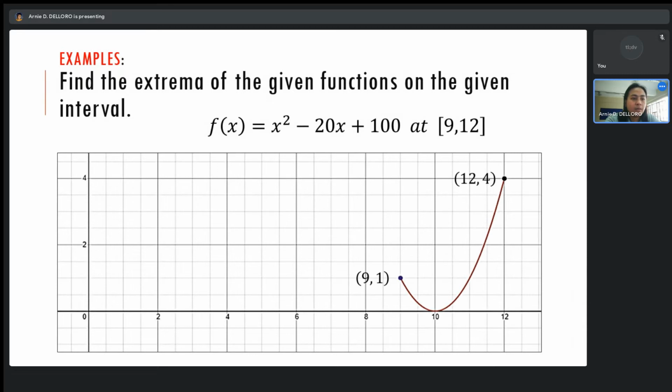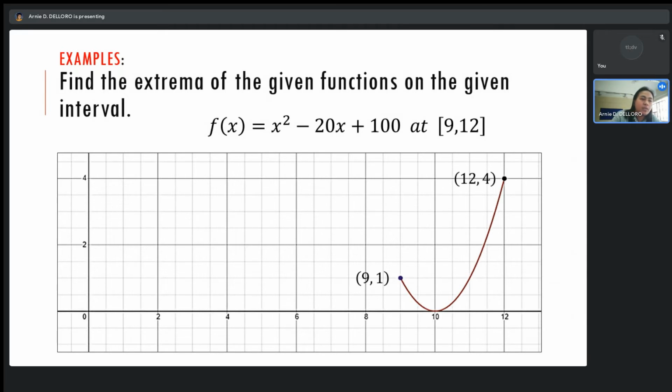Okay? So in this case, the maximum value of f occurs at x equals 12 and has a value of positive 4. Okay?